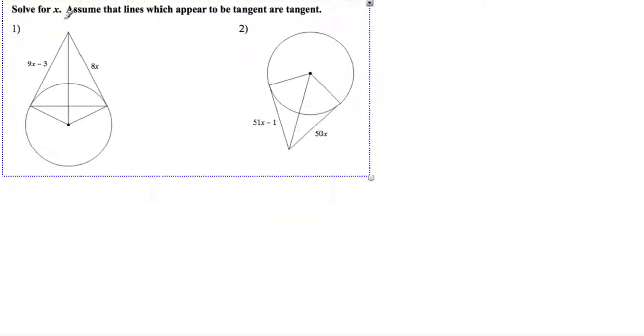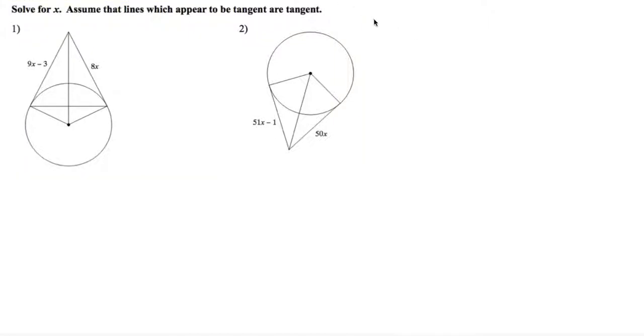If we have some application problems here, we can see that we have this circle and two lines that go by the circle and intersect outside the circle. Because of that, those two tangents are congruent to each other. So I can say that 9x minus 3 is equal to 8x.